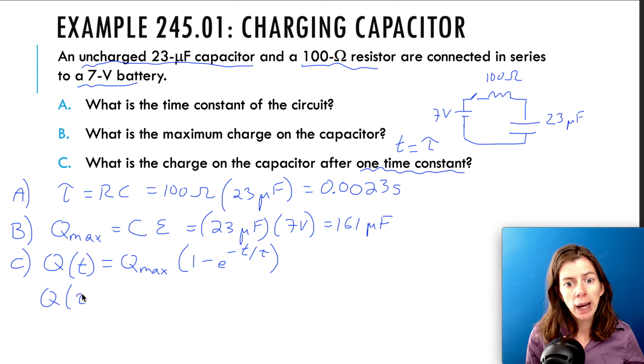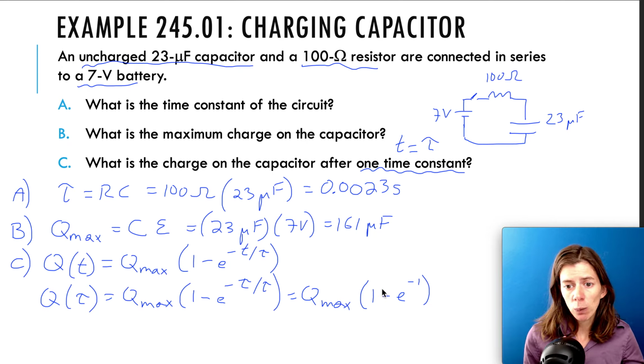So Q after tau has passed is Q max times 1 minus e to the negative tau over tau. That equals Q max times 1 minus e, and the negative tau over tau cancels out, leaving negative 1.